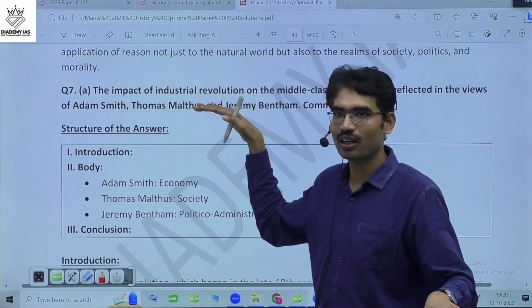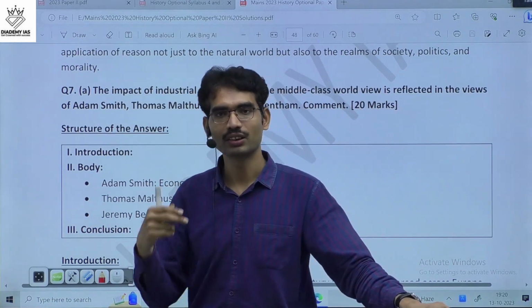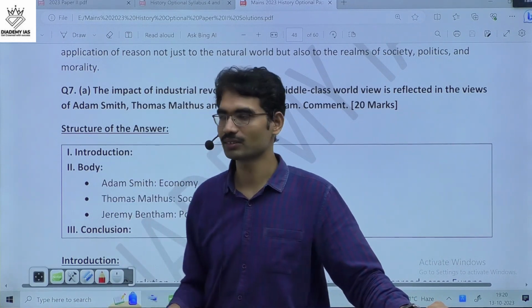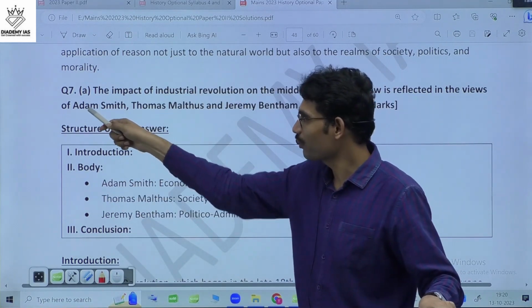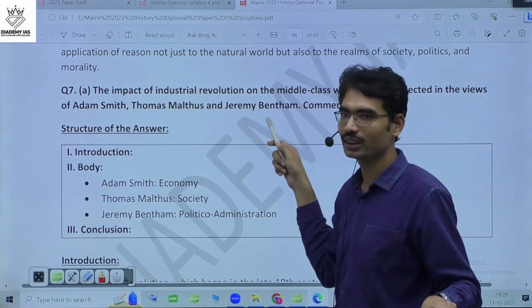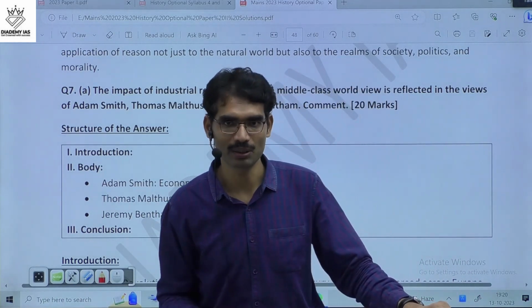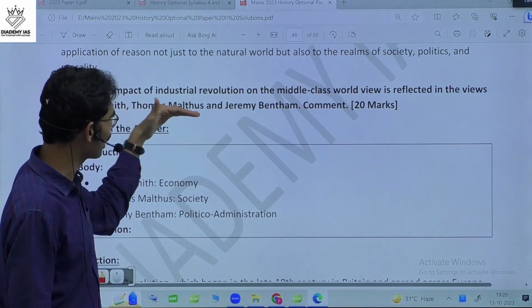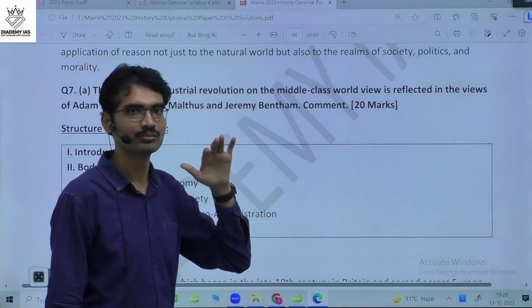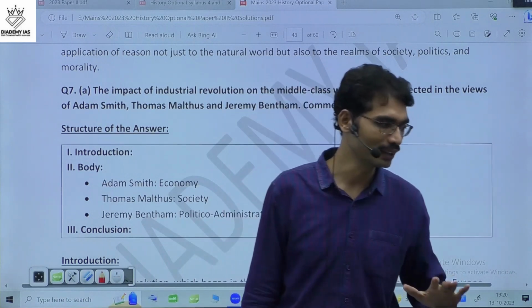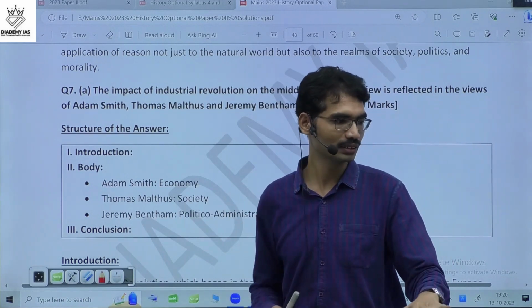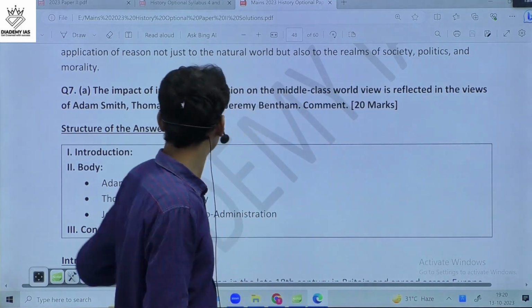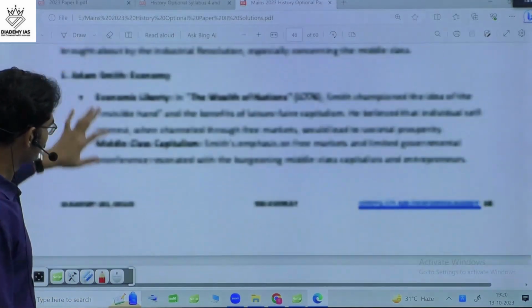So those are the worldview of the middle class during Industrial Revolution phase, in economic angle, in social angle, in political angle, represented by these three people. Simply you have to explain the contribution of Adam Smith, Thomas Malthus, Jeremy Bentham towards the progress of humanity. All right, clear? Next question.